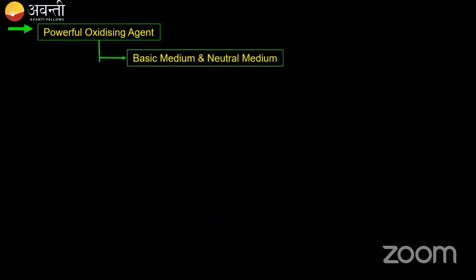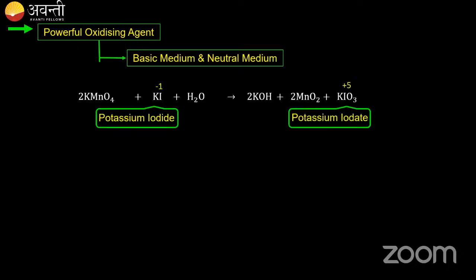Now the basic medium and neutral medium reactions. Here you see, iodide is converting to iodate. In acidic medium, iodide was converted to iodine, right? I minus was converted to I2, iodine. This is for acidic medium.